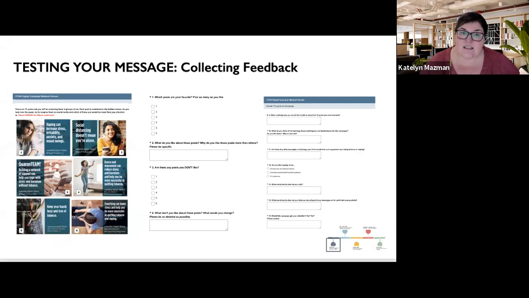We collected over 60 responses from youth and young adults throughout California. I believe we had 11 counties represented. And just for you data lovers, I made a little Post-it note here that we had a median age of youth reviewers at 15 and a median age of young adult reviewers at 22. So again, really our target demographic age.